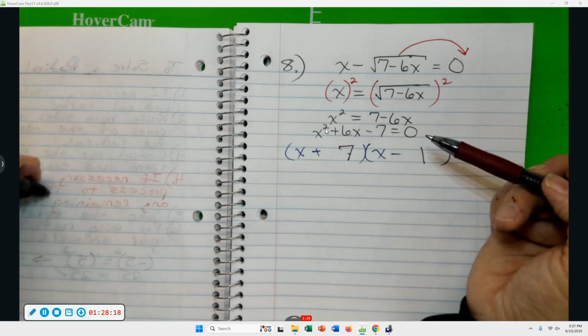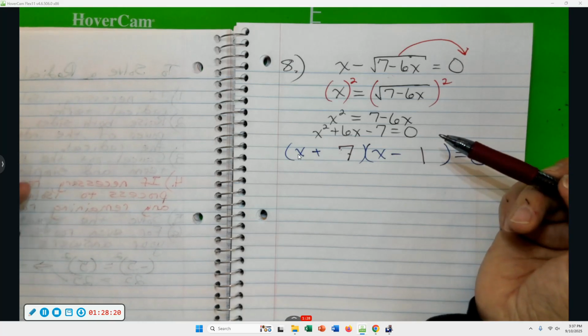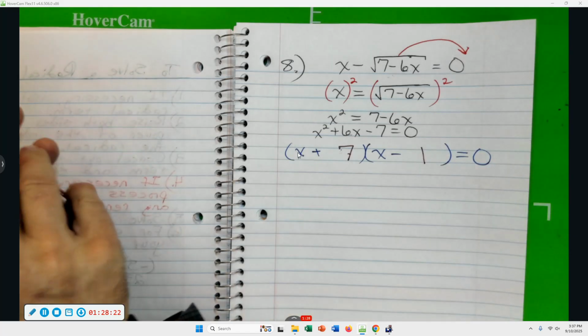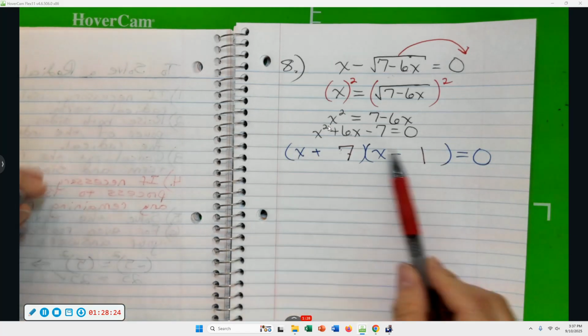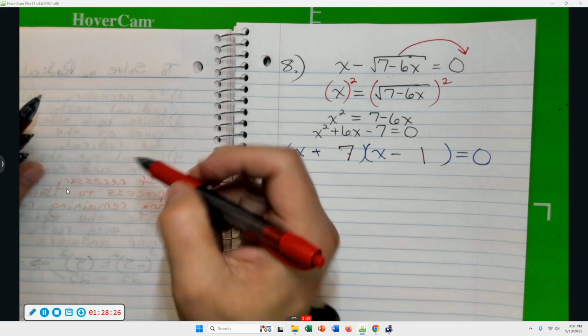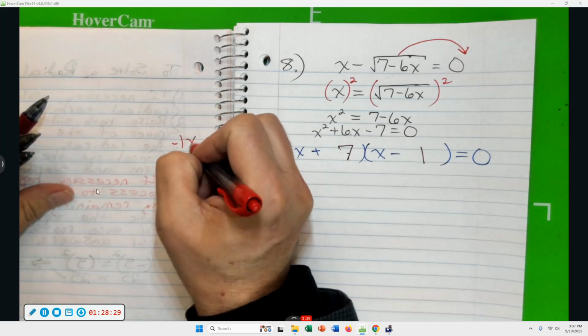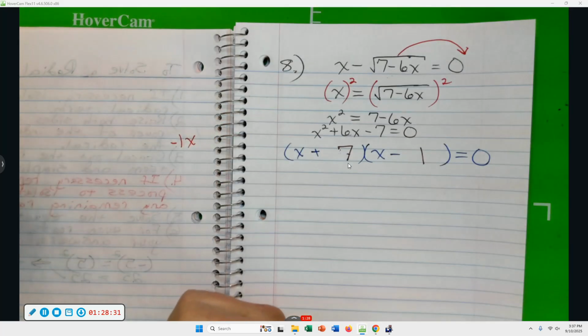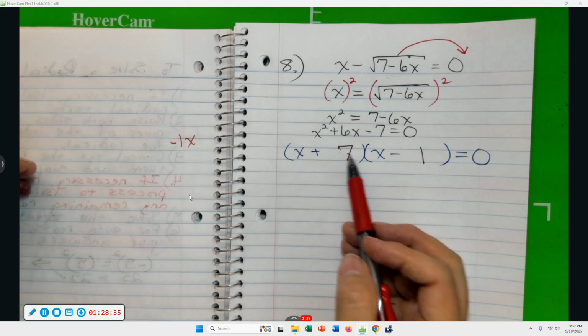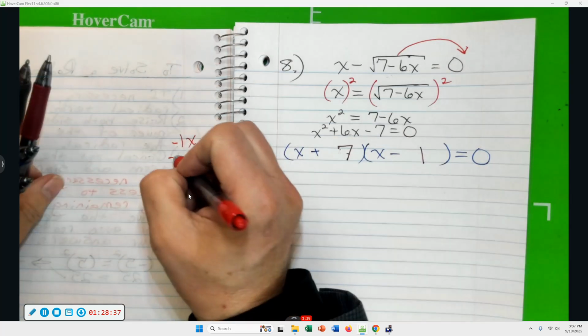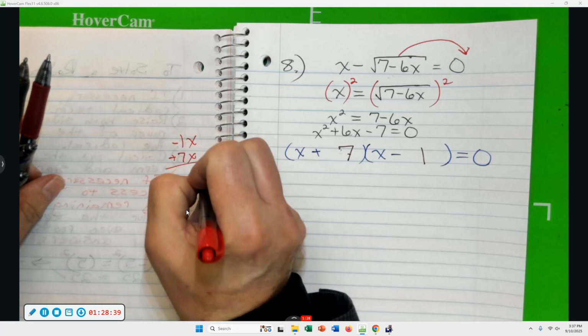Let's check the outer and inner and make sure that we've got it factored correctly. The outer product, x times negative 1, is a negative 1x. What's the inner product? Positive 7. Positive 7 times x is a positive 7x.